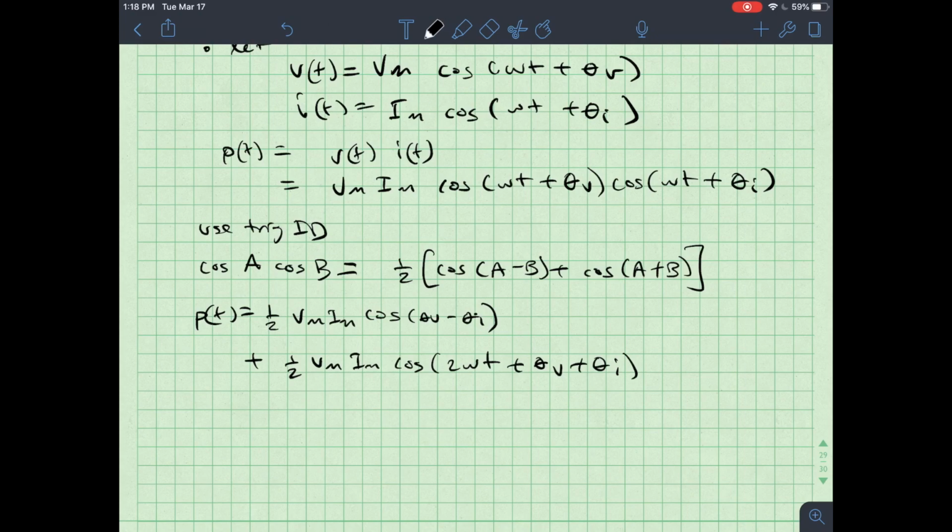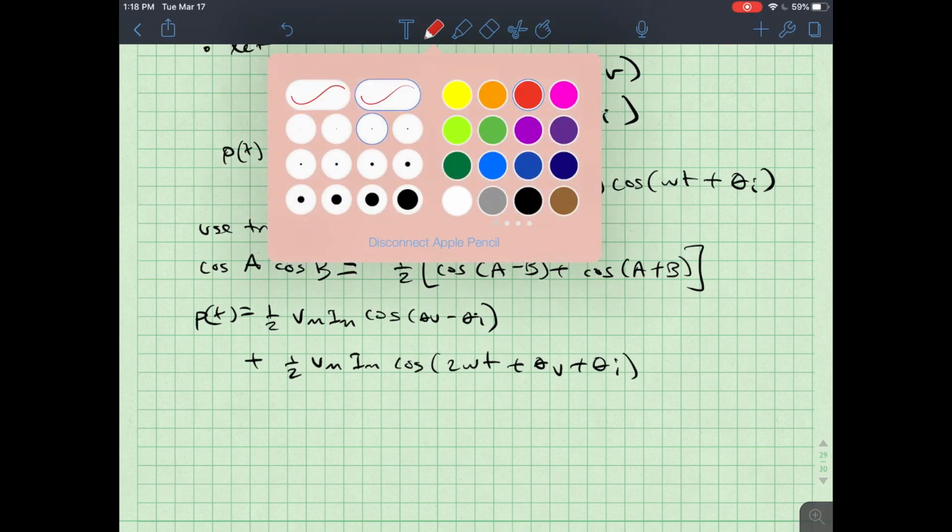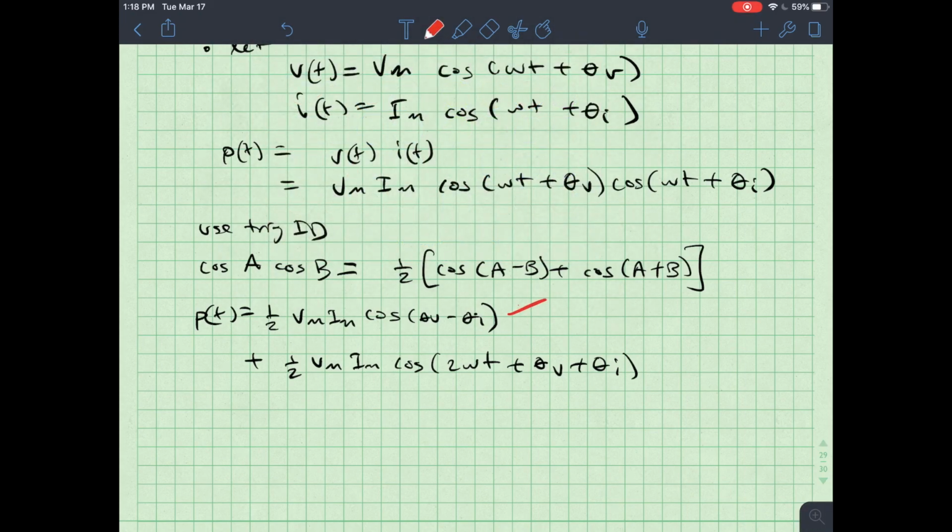Now, if I look at this carefully, the first term here is not time dependent, and the second term is time dependent.